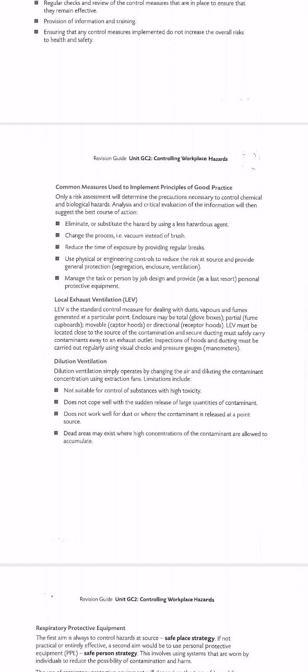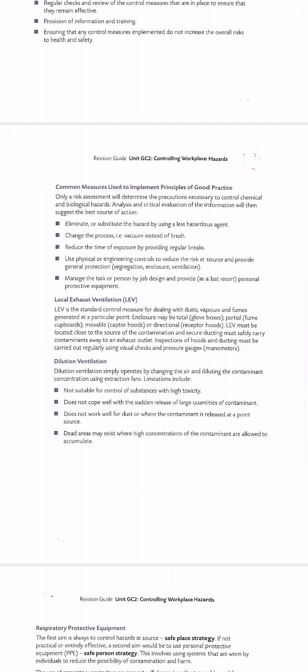Local exhaust ventilation is the standard control measure for dealing with dust, vapor, and fumes generated at a particular point. Enclosed may be totally, gloves, particularly fumes, right? Then movable hoods like a cup.